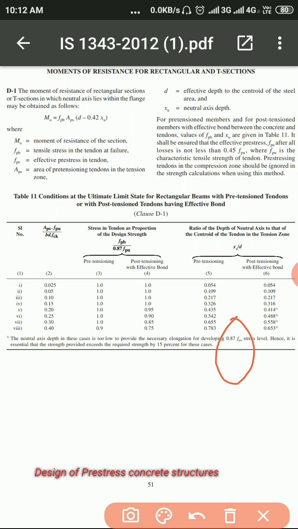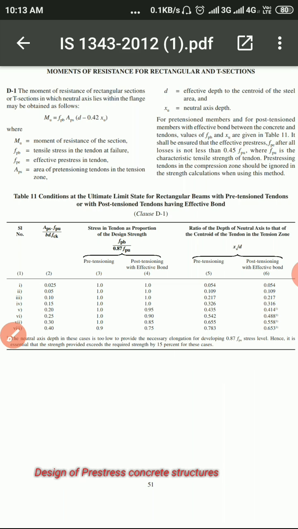That is 0.87 FY in case of RCC, and here we use 0.87 FPU. To develop this value, these values of XU by D are very low, so we are going to increase this value by 15%. This can also be asked as a multiple choice question. Is it clear to you?